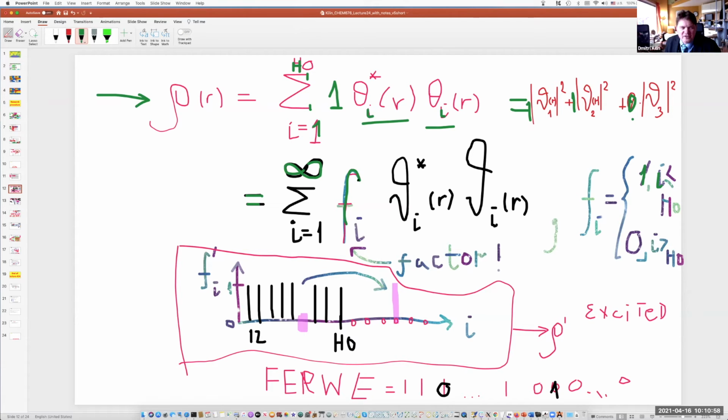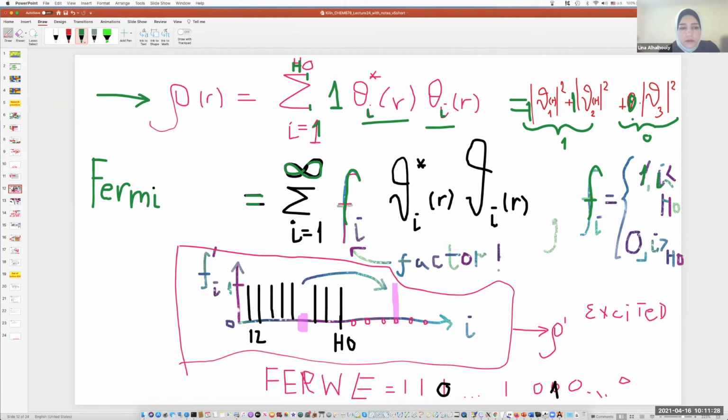So the factor F here is either 1 or 0. It is 1 for occupied orbitals and 0 for unoccupied. The letter F originates from the last name of the scientist Fermi. Lina, did you hear the name of Fermi in other classes? Yes, Fermi-Dirac distribution, right?